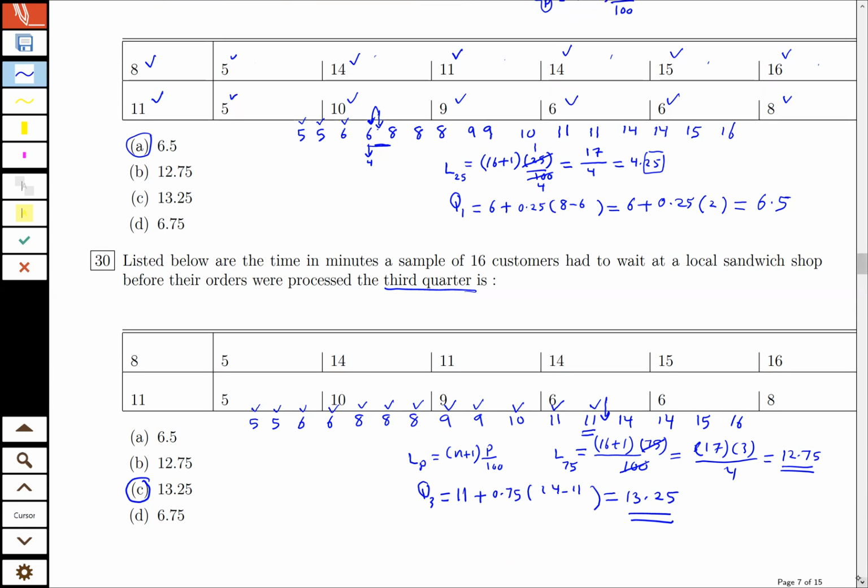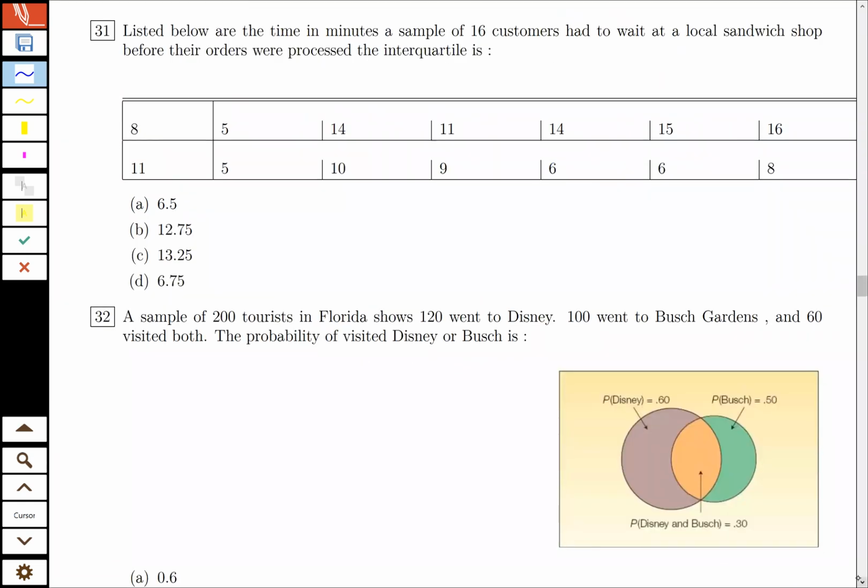The third question says, for the same numbers, see the calculation in question number 29, where we get the first quarter is 6.5, and question number 30, where we get the third quarter, 13.25.